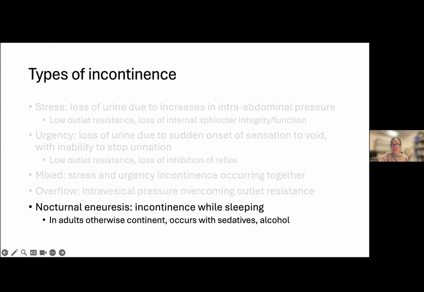And nocturnal enuresis, incontinence while sleeping, and in otherwise continent adults, this occurs with sedatives, sleeping medications, or alcohol use that puts people to sleep so deeply that they do not wake with the urge to void.